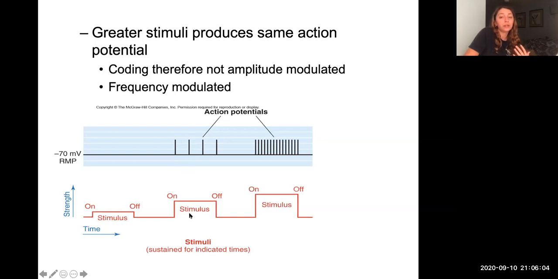Because it's a weaker stimulus than this one, it's going to take longer to get back to that threshold and create another action potential.